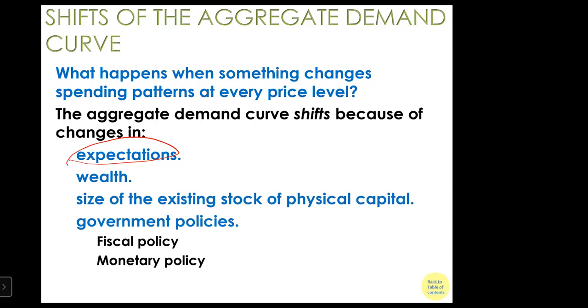So if your wealth increases, either because of a bull market in stocks, right, or a booming housing market, that makes you wealthier, makes everybody wealthier. Okay, and then you want to increase your consumption, right? And the third factor is the size of the existing stock of physical capital.